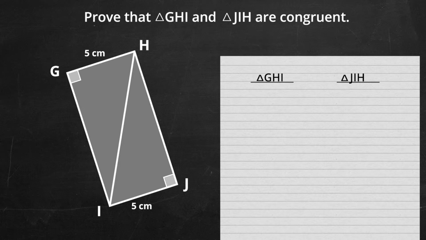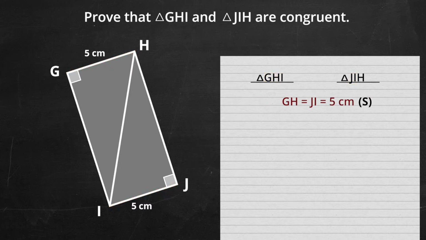How do we start? Like always, let's first consider what information we are given. We know that the length of GH is 5 centimeters, and the length of its corresponding side, JI, is also 5 centimeters. So, one pair of the corresponding sides is equal.